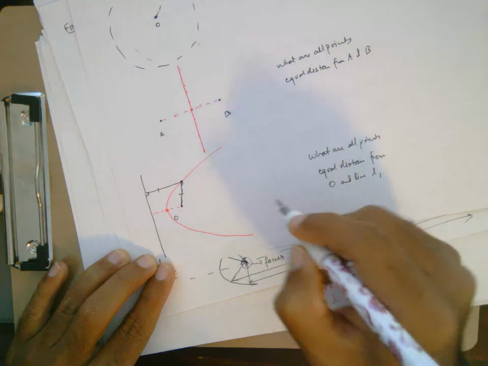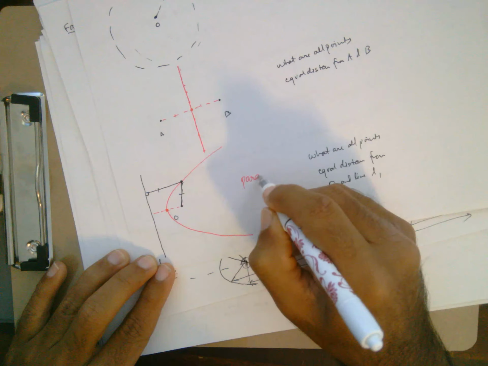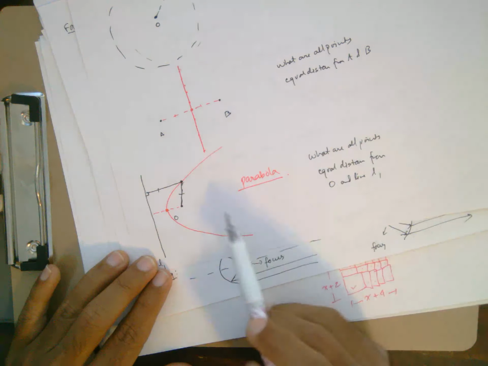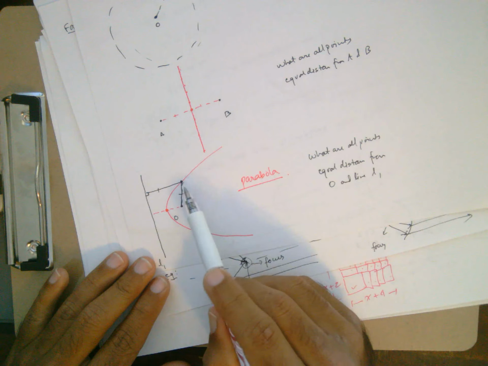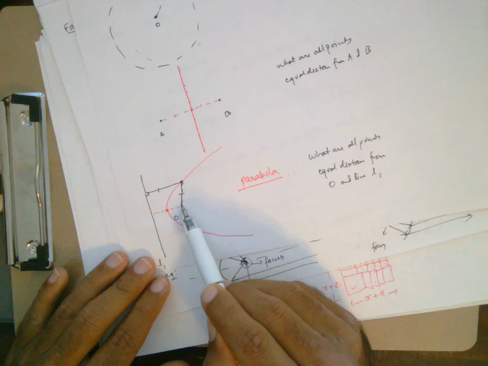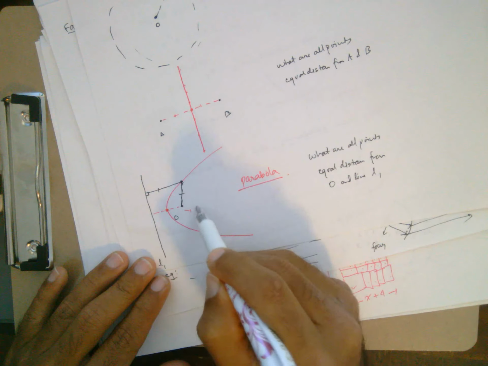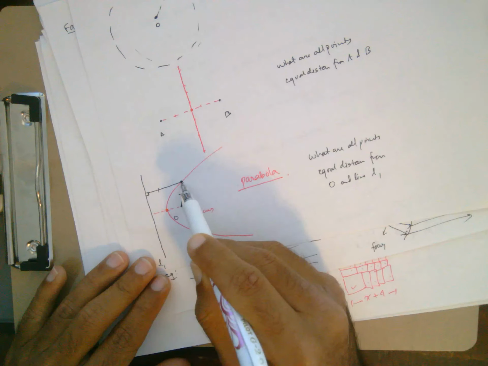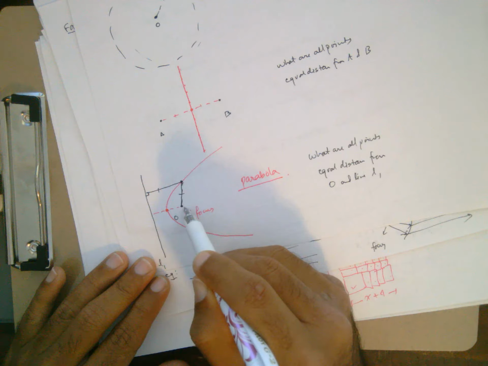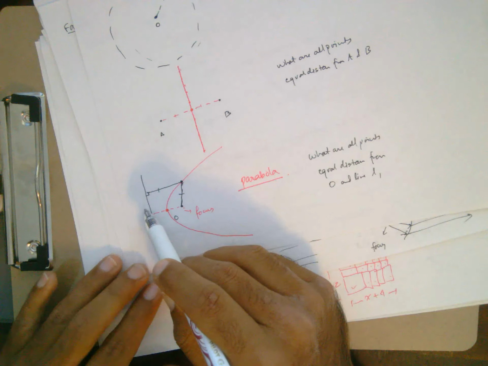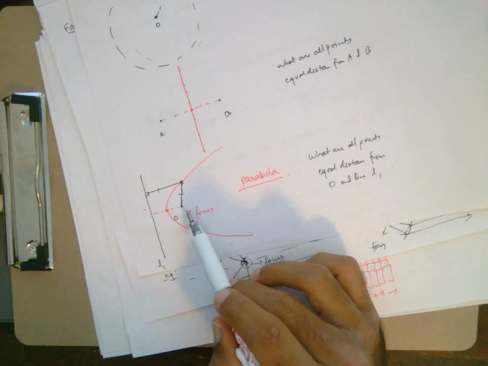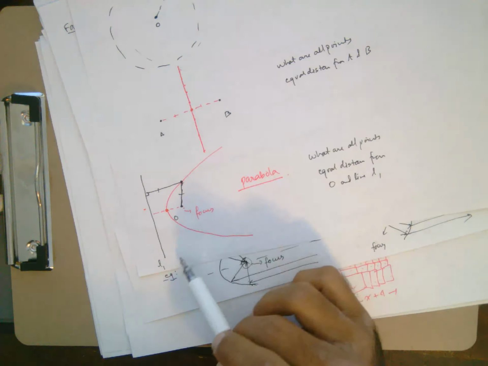But this shape turns out to be a parabola. So it has this neat property that there exists a point, which is the focus. Every point on the parabola is equal distance from a point and some line. And they have special names and all, which is not important, but that's another way in which you can generate a parabola.